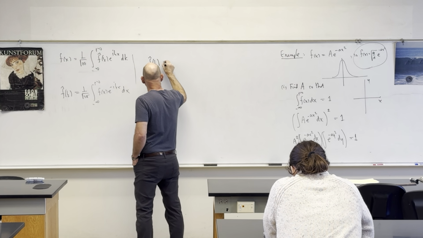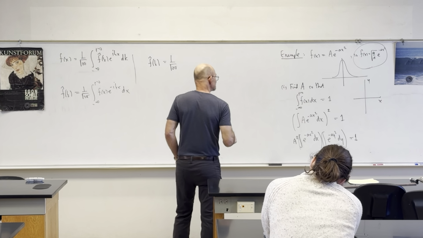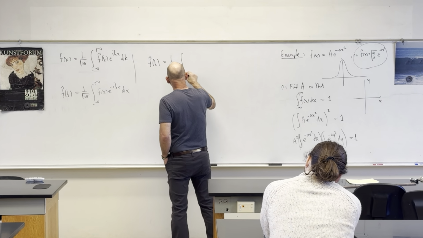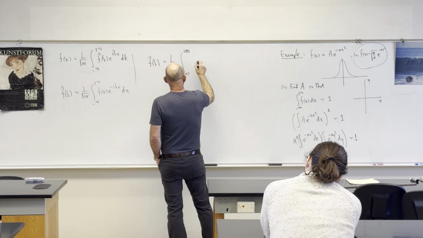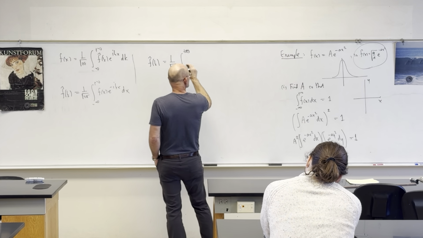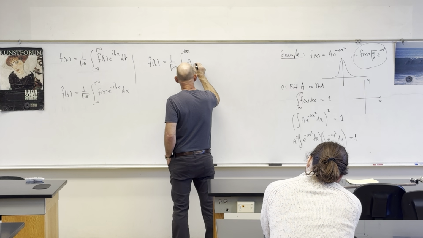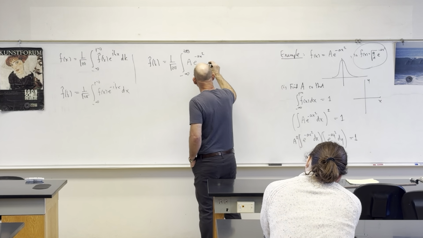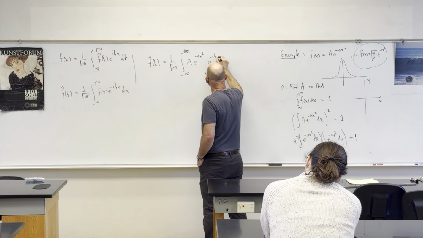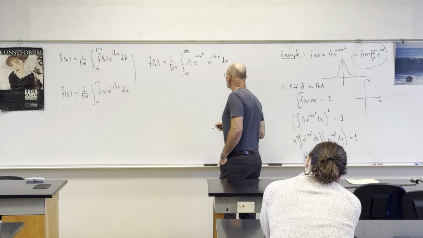F hat of k is equal to 1 over root 2 pi times the integral from minus infinity to plus infinity of f of x, I'll just use the letter a for the moment, A e to the minus a x squared times e to the minus i k x dx.